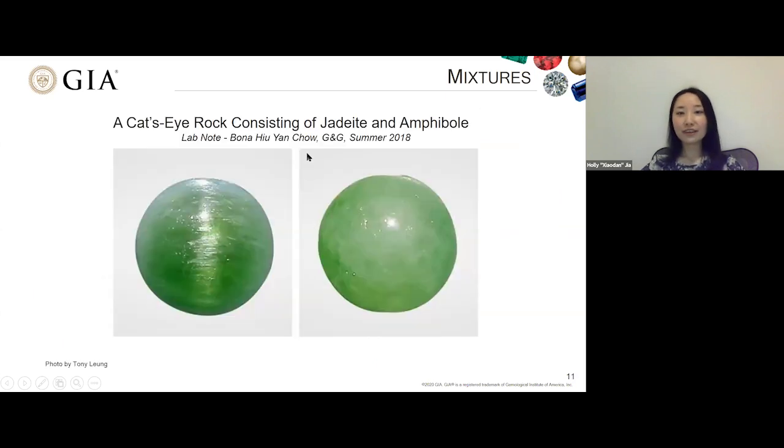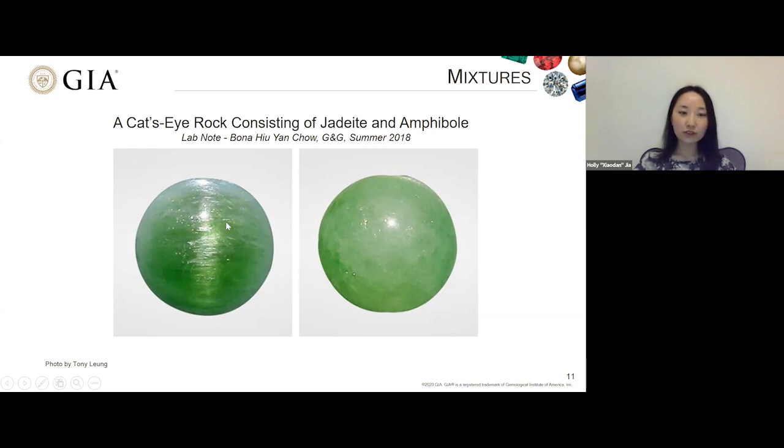Well, here we have another intriguing example of a rock consisting of jadeite and an amphibole. So what's interesting about this piece is that this bead contains both the jadeite phase that is shown in the right image, a lighter colored region, and it also has an amphibole phase that displays this cat's eye effect created by parallel fibers.